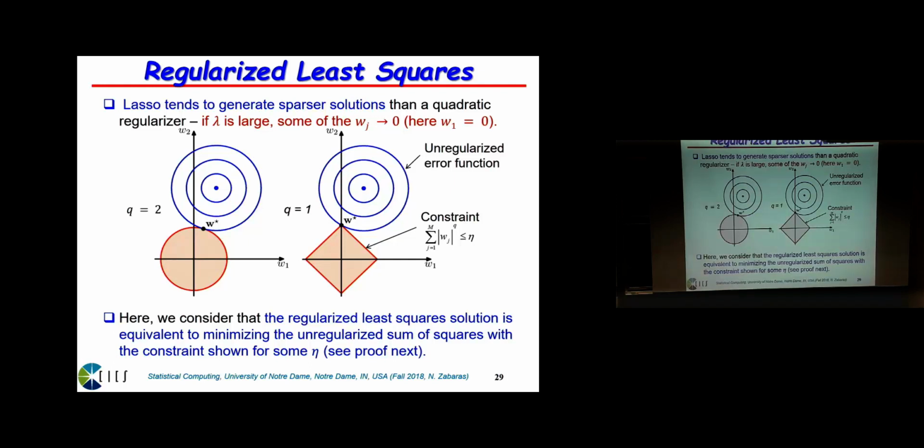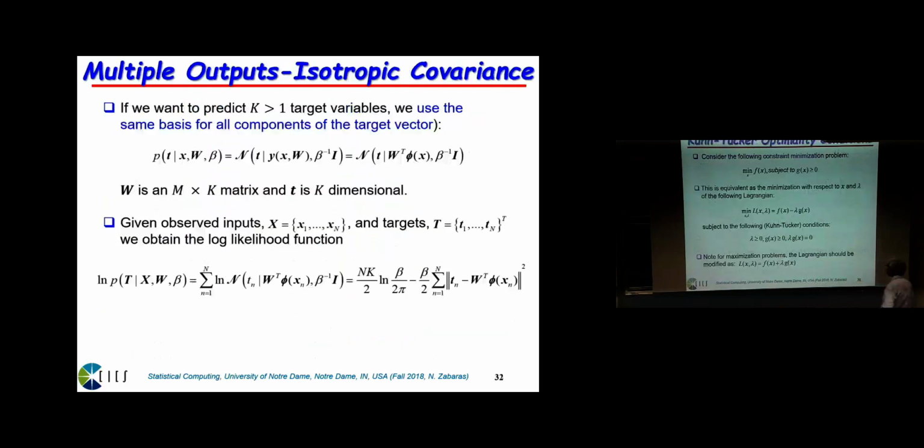So if you have thousands of parameters, it will tell you which ones you don't need to explain the data. And it will do it for you automatically, and this is a pictorial on how this is happening. I will come back to this next week for further discussion on regression problems.